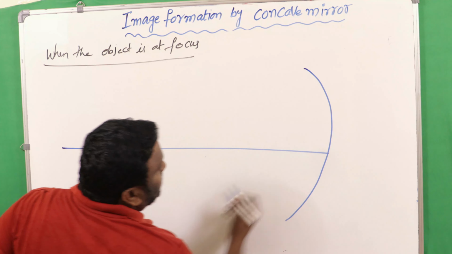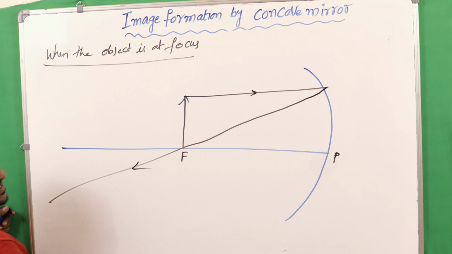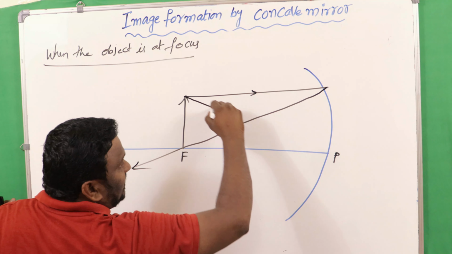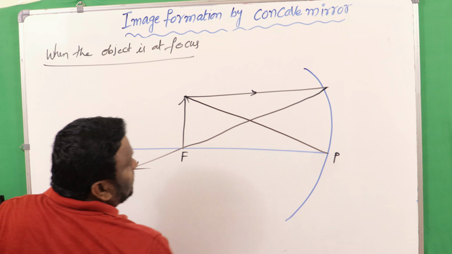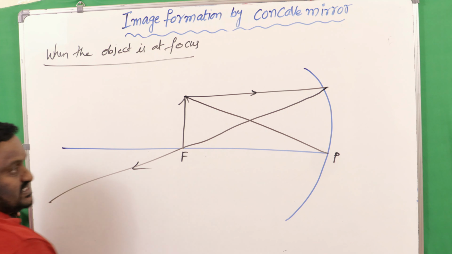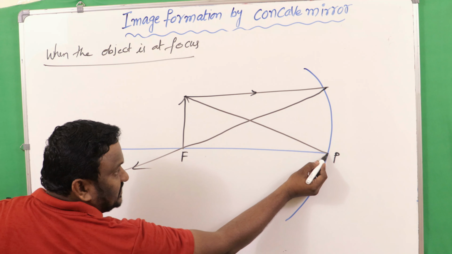This is the light ray parallel to the principal axis. After reflection, it should pass through the focus. Next, this is another light ray that touches the pole at a certain angle.